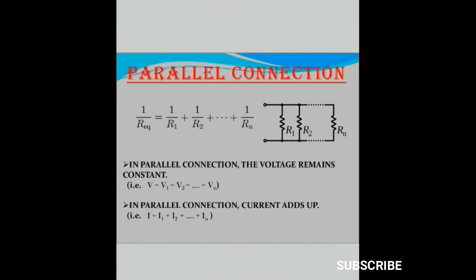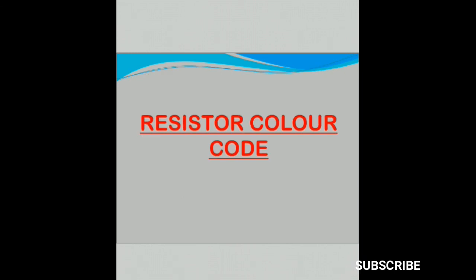Here we see the equation, I equals I1 plus I2 up to In, because as n resistors are connected in parallel, the current is divided into I1, I2 and In. Then we are discussing the color code of a resistor.